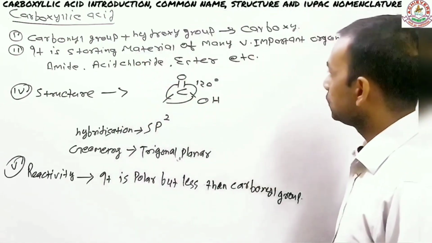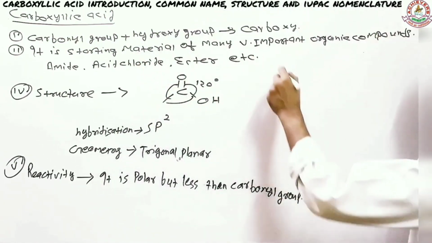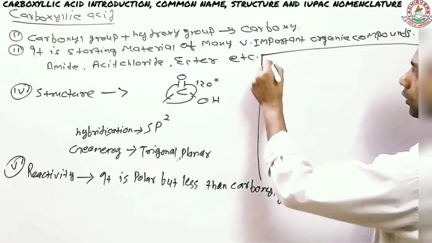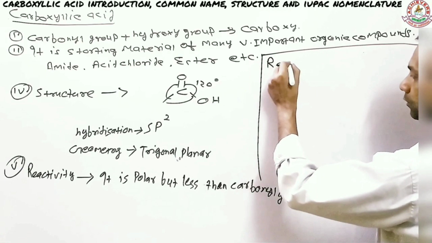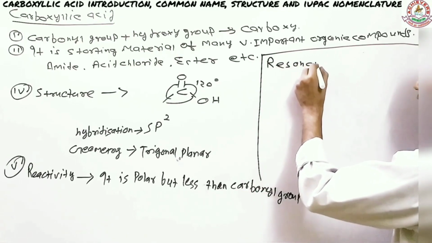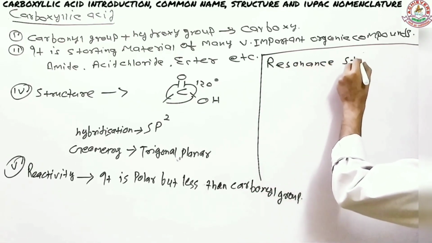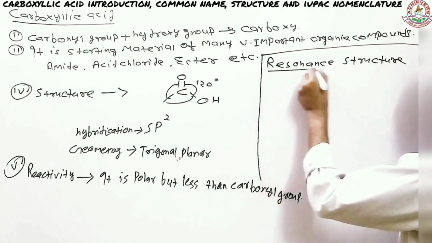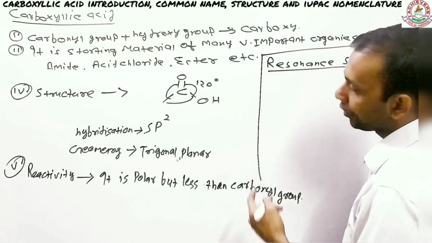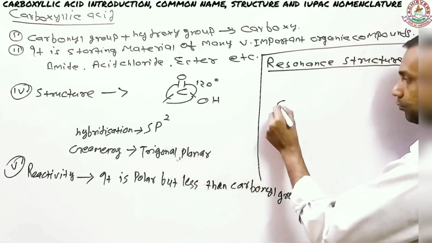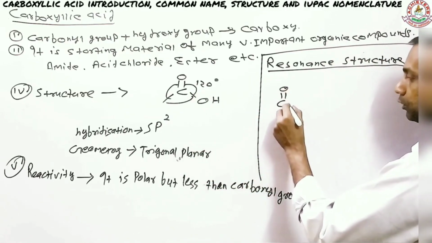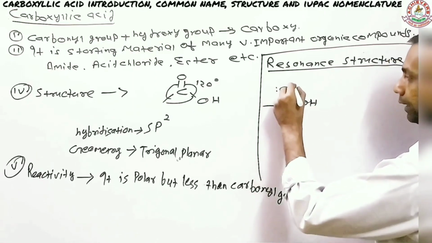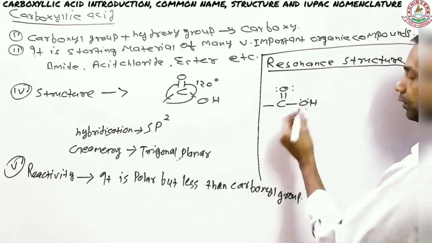Now what next I have, let me write it here. I am talking about resonance structure. What is this resonance structure? Because the bond is polar, and like you see, there is a lone pair on the oxygen.